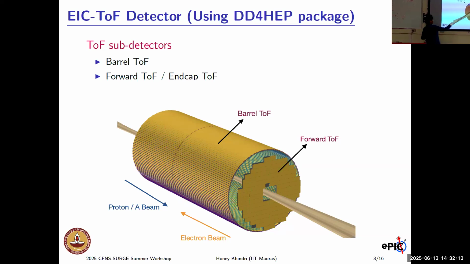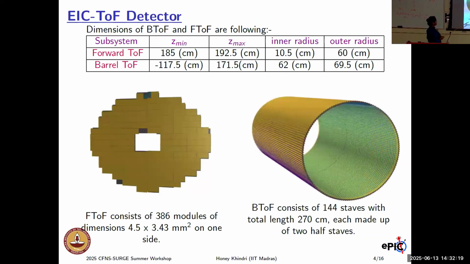My work is particularly concentrated on this part. The disk that you are seeing is called the forward time of flight detector. This slide is just to get the dimensions, how big the detector is. So I will concentrate on the end cap. This part is the inner radius of 10.5 centimeter, and this is the outer radius of 60 centimeter, and you can see that it consists of modules.